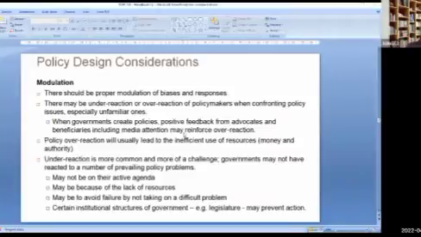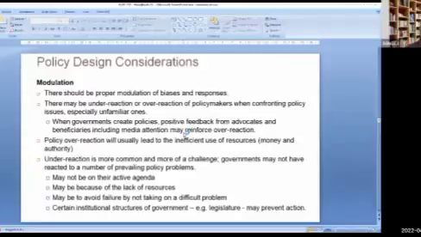Policy overreaction will usually lead to the inefficient use of resources, money, and authority. So people can jump forward without taking time to look at the real reality on the ground.